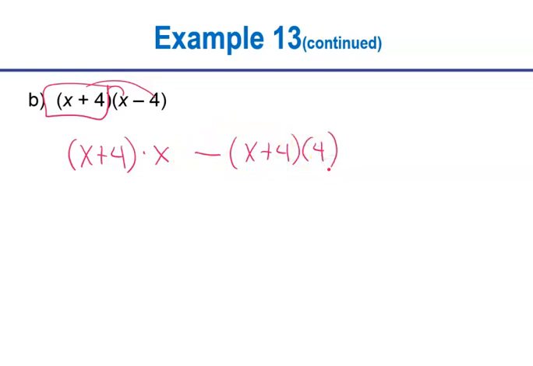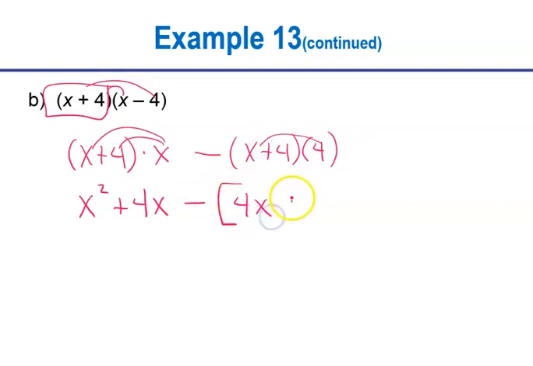Now we have that distributive property where we can multiply here. So we can say x times x is x squared, x times 4, or 4 times x is 4x. Bring down the minus. Okay, 4 times x is 4x, plus 4 times 4 is 16.